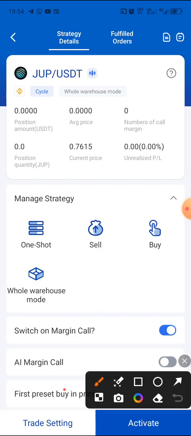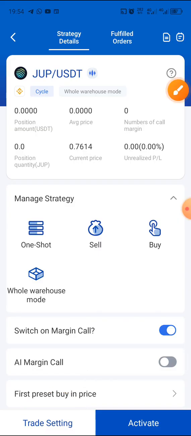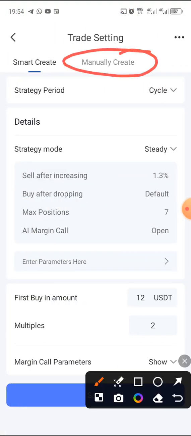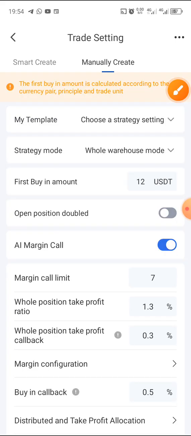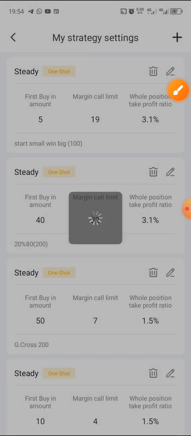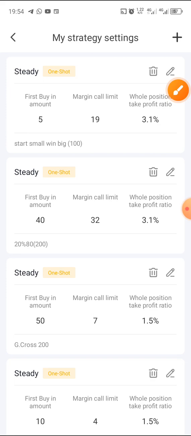Then now come here on trade settings, then come here on manually create, tap there. After, come here on my templates. Okay, here, tap there, then choose your strategy. We are going to begin with this strategy here.